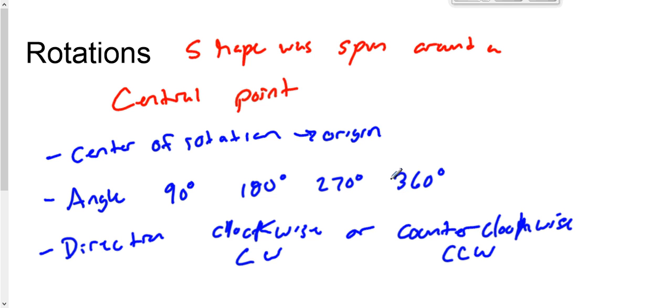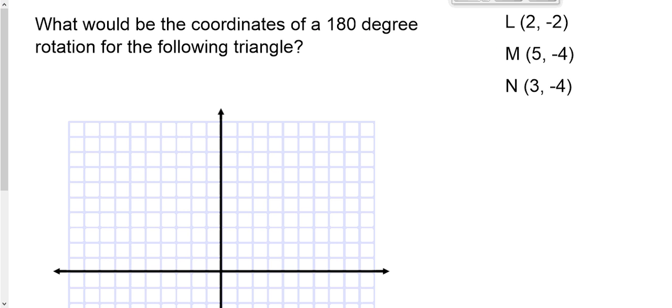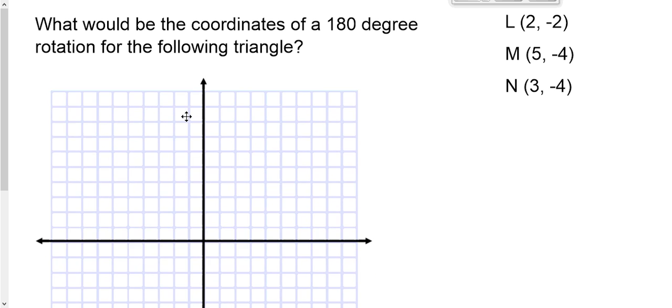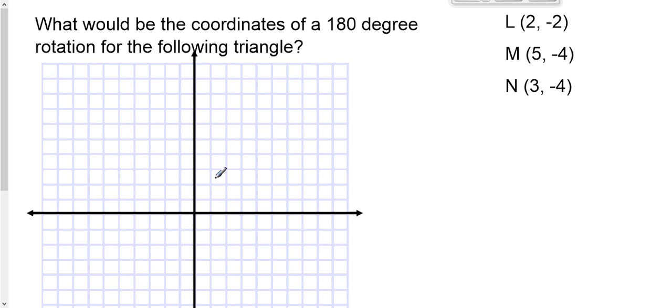All of this is needed to perform a rotation, but we're back to having congruent shapes. So we take a rotation, whatever the new shape is, it is congruent to the old one. So I'm going to plot our shape here, 2, negative 2, that's L, 5, negative 4, M, and 3, negative 4, N. And I want to rotate it 180 degrees.